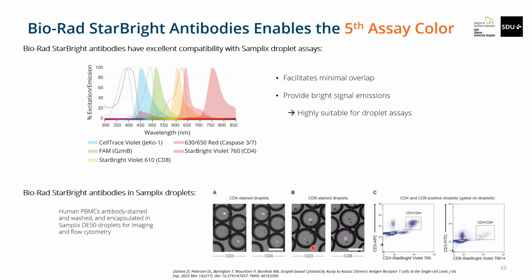And this is demonstrated down here where we have stained human PBMCs, where we can see very bright signal from CD4 and from CD8 over here. And also when we do flow cytometry, we're able to gate out and identify based on these StarBright antibody stains.